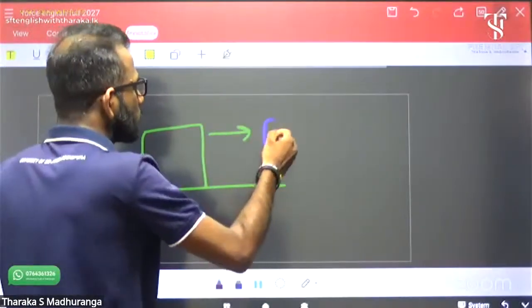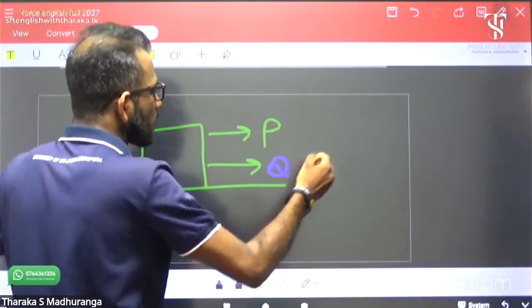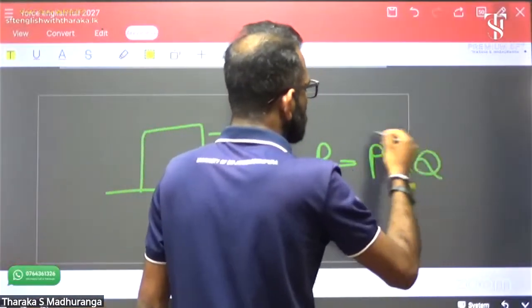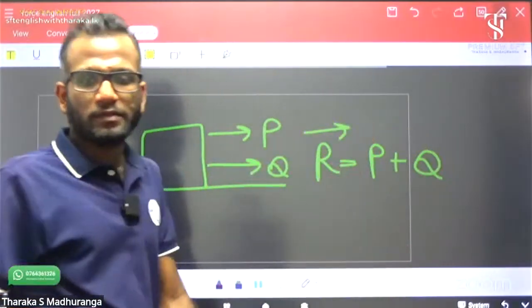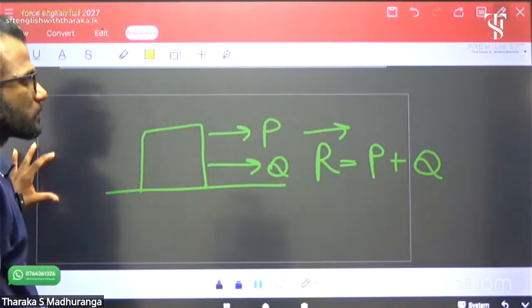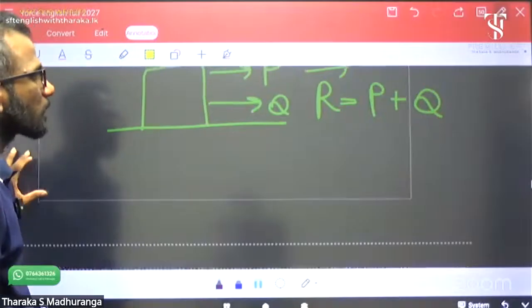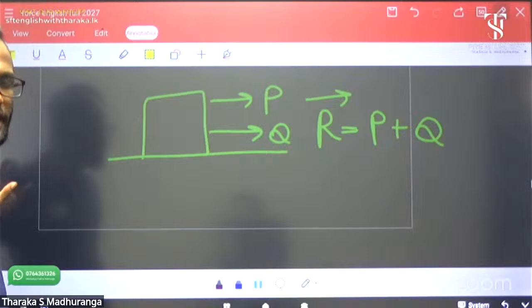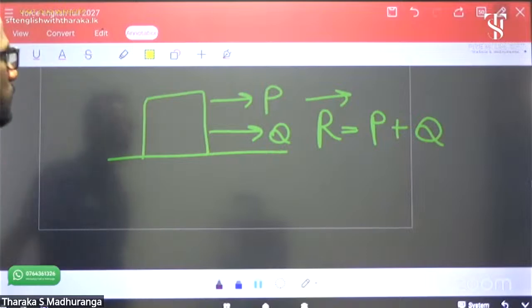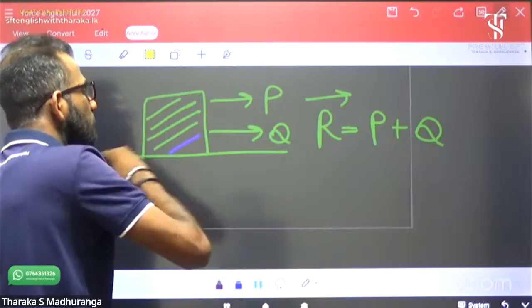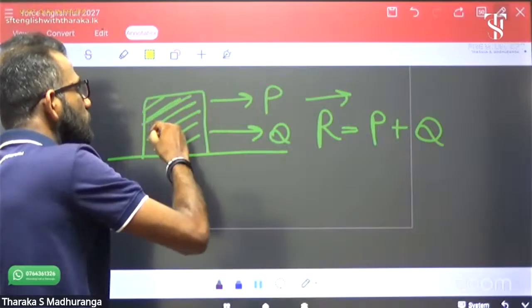R equals P plus Q. This is the R direction. Quickly write down. This is an object. Two forces, P and Q, act on the same object in the same direction.